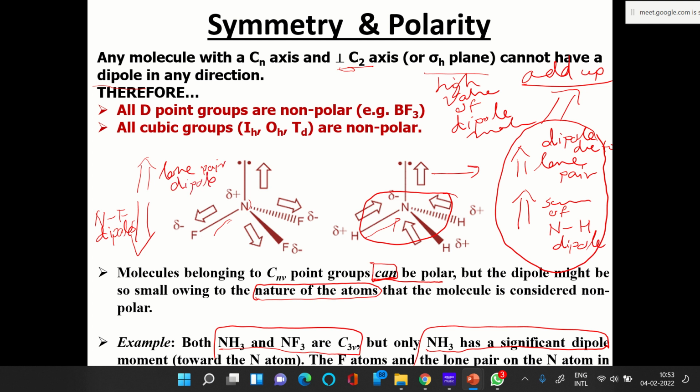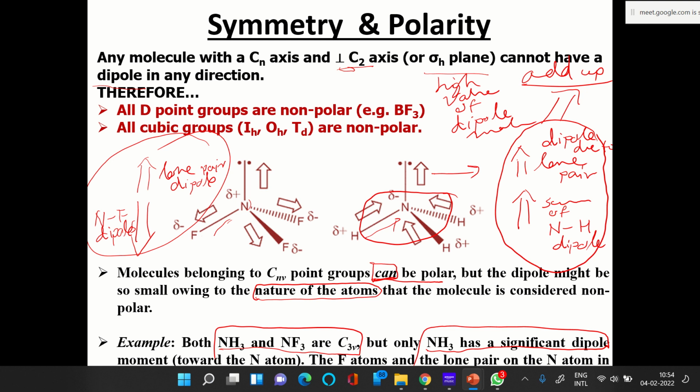So almost a very small amount of dipole is left. Because they are pointing in opposite directions, the overall result is a very small dipole moment in NF3 and a very significant dipole in NH3.